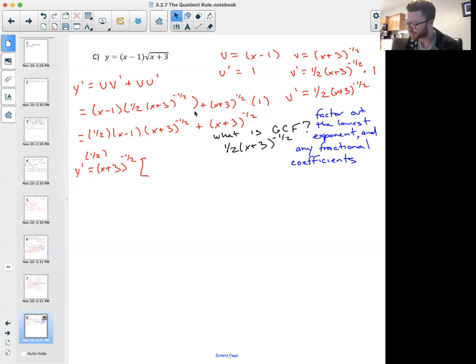Okay, so now that we have taken out 1/2 and x plus 3 to the negative 1/2, we will have x minus 1 here. Plus, so if we take out 1/2 of that coefficient, we will have 2 out in front. So if you don't trust me here, you can just redistribute it back in to the factor and it will work out.